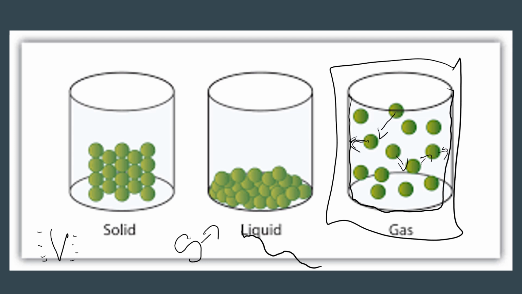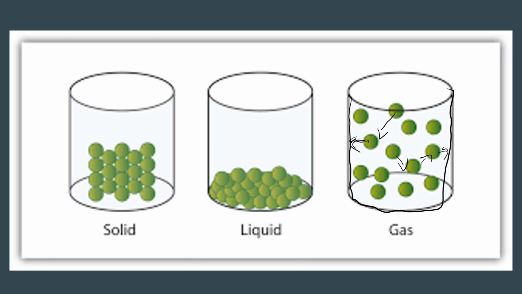We also talked about the energy that is in each state of matter and how they're all different. So we talked about a solid and it vibrating. And since it's just vibrating, it doesn't have a lot of energy.